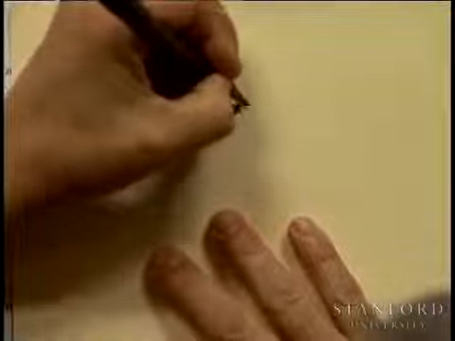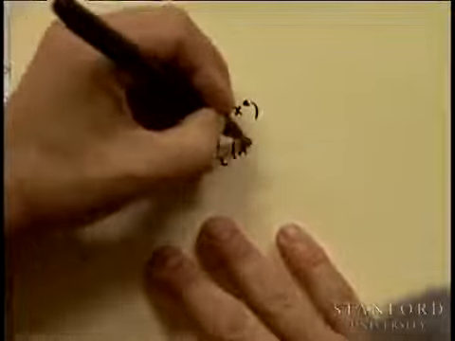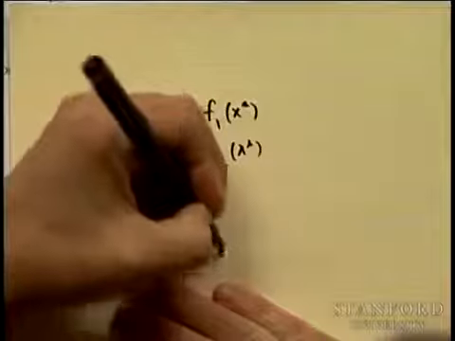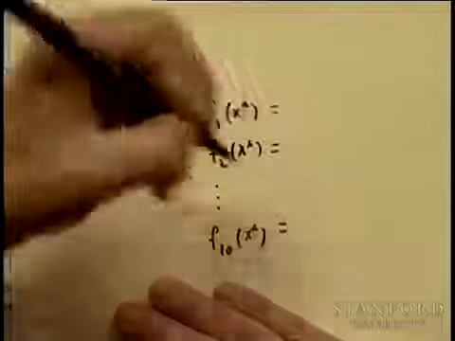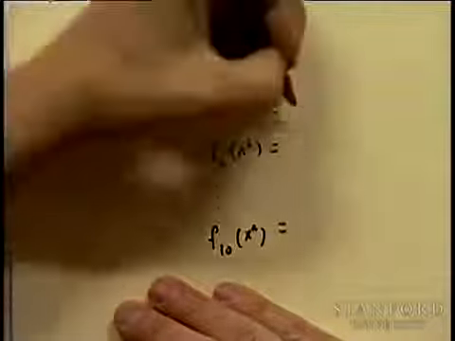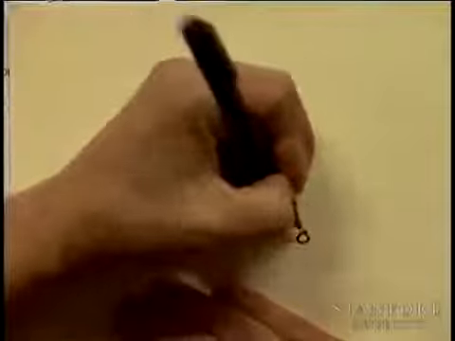Let me explain sort of in practice how this works. If you start doing this, you'll have a whole bunch of constraints, and you'll solve a problem. And you'll look at f1 of x star, you'll look at f2 of x star, and so on, and you'll look at f10 of x star. Let's suppose that all of these are actually 0.